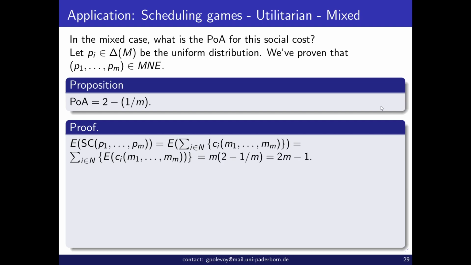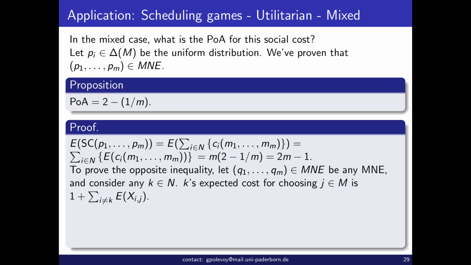And there are m players, so it's m times 2 minus 1 over m, it's 2m minus 1. So this cost can happen in a mixed Nash equilibrium.